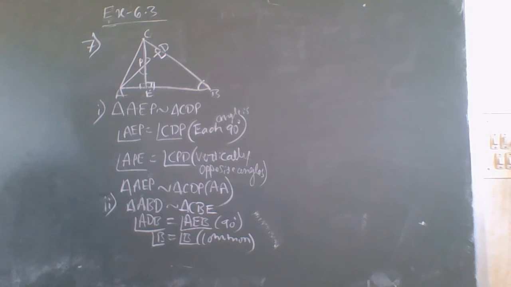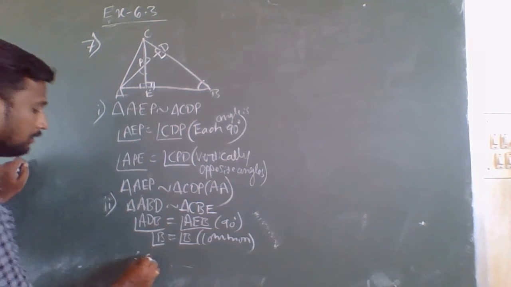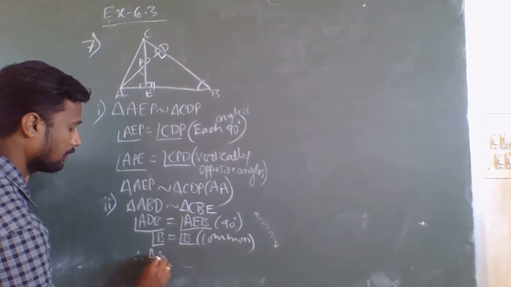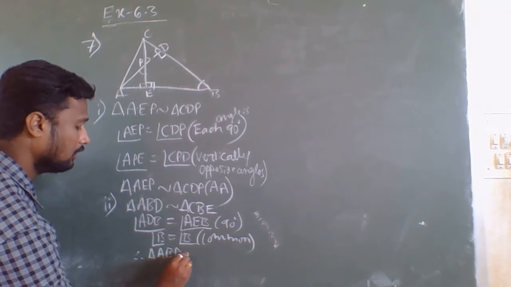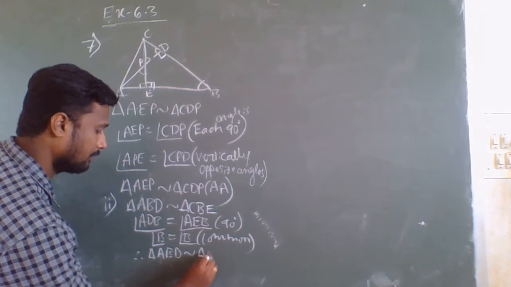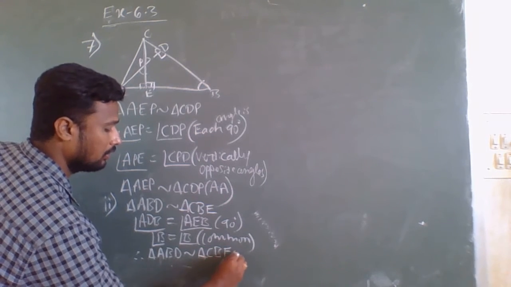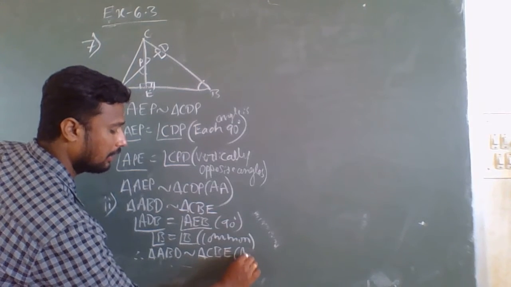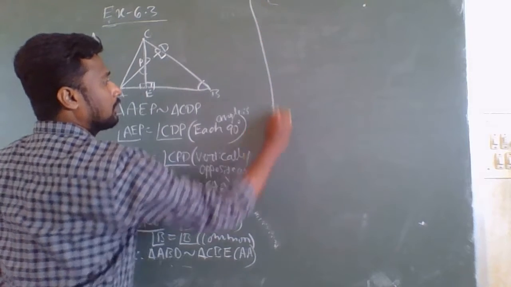Therefore, again, you can say that triangle ABD is similar to triangle CBE by AA. This is the second one.